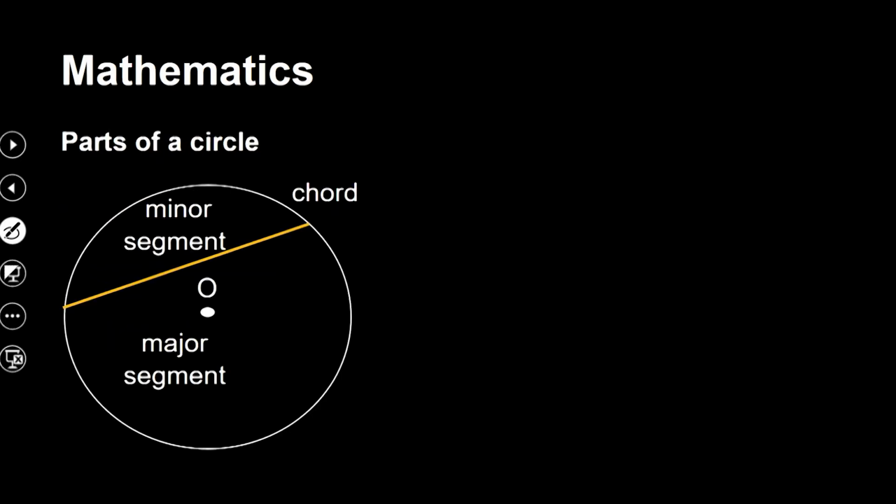The smaller one we call the minor segment, and the bigger one we normally call the major segment. If I draw another one here like this, this will be the minor segment and this one will be the major segment. So that's what we are talking about, minor and major.